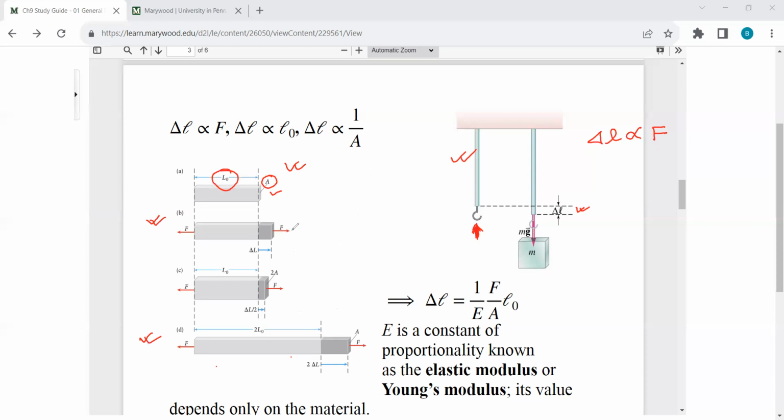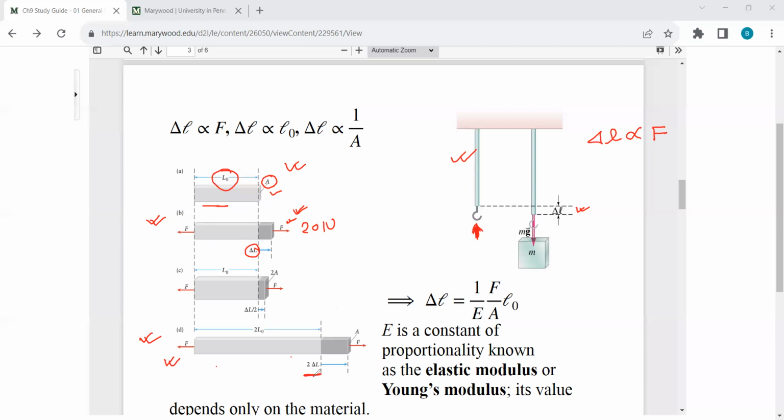Now, if we apply a force F, you see that this object is extended by this amount, delta L. For the same force, let's say it is 20 Newton, if you apply 20 Newton in this rod, which is twice the length of this one, you see that for the same amount of force, it is extended by two times.